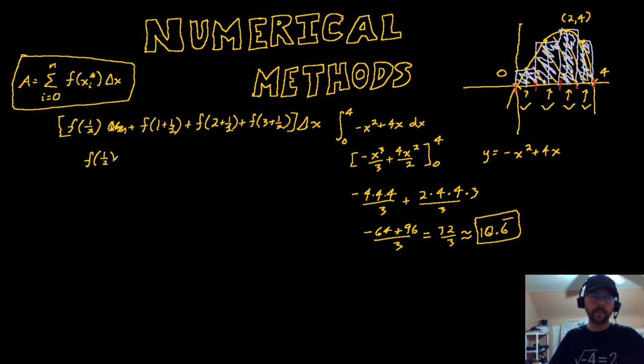f of 1 half times delta x plus f of 3 halves delta x plus f of, hold on a second, 2, 4, 5 halves.